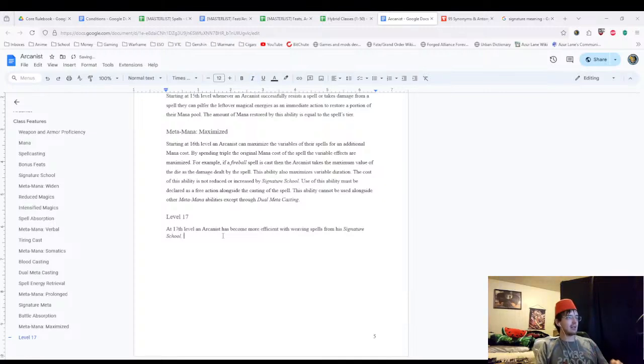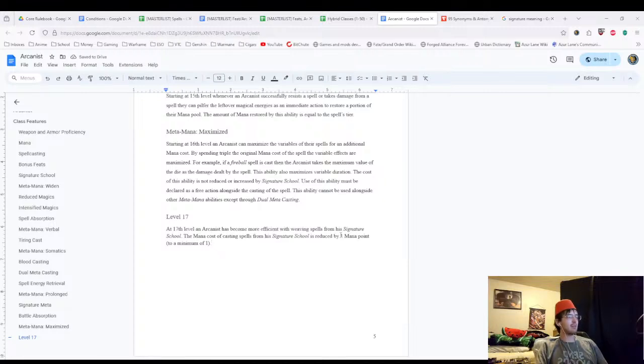Right, so, let's see. So the cost of casting spells from his mana cost. The mana cost of casting spells from his signature school is reduced by 1 mana point. To a minimum of 1, of course. To a minimum of 1.